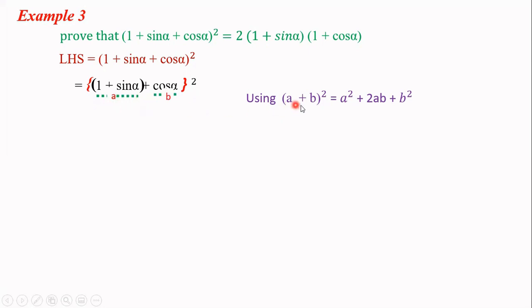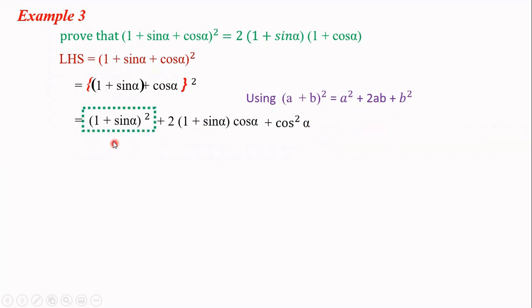So using this formula, a plus b whole square equals a square plus 2ab plus b square. We have a square as (1 plus sine alpha) whole square, and 2ab as 2 (1 plus sine alpha) cos alpha, and b square as cos square alpha.